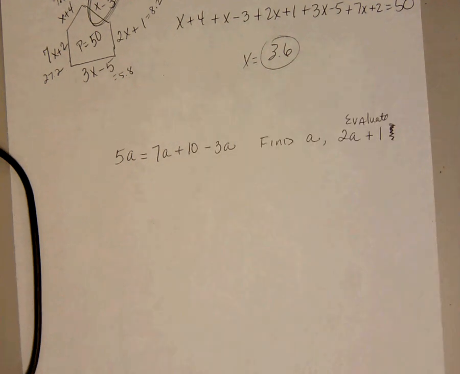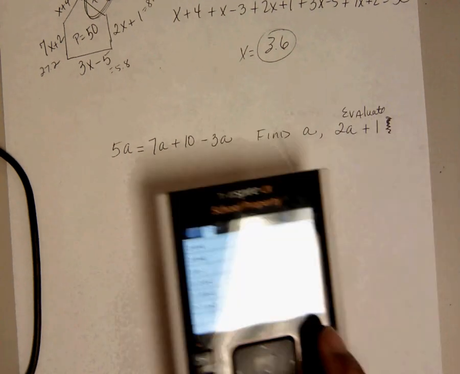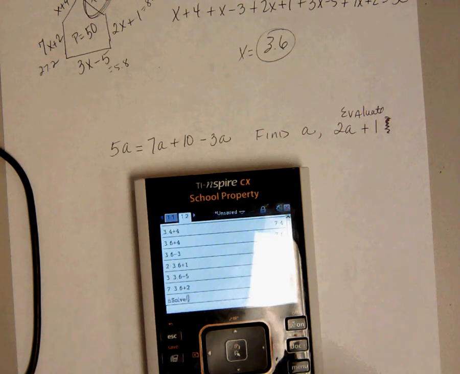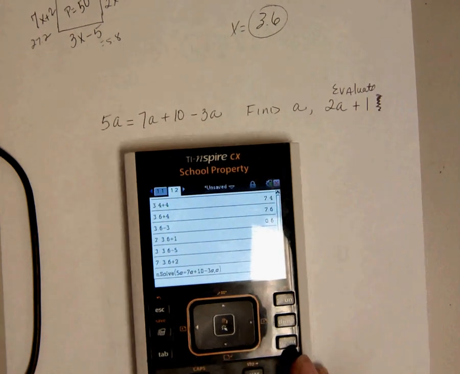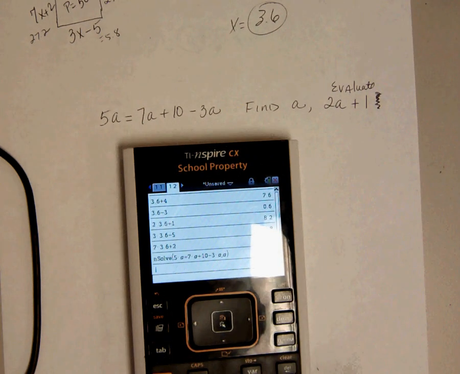Okay, so now, how do you do this one? We're going to go menu 3, 1, and type 5a equals 7a plus 10 minus 3a, comma a. Press enter, so a is 10.